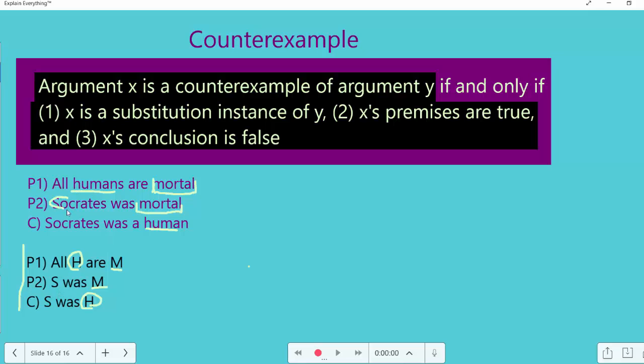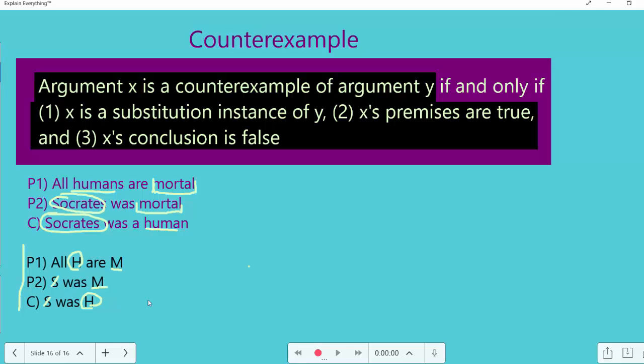And wherever we see Socrates, we give ourselves an S, and we keep all our form words the same. Let premise 1, when I say all humans are mortal, let that capture present, past, and future humans. Okay.